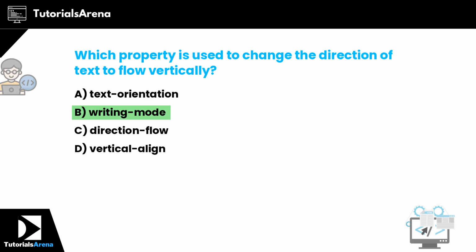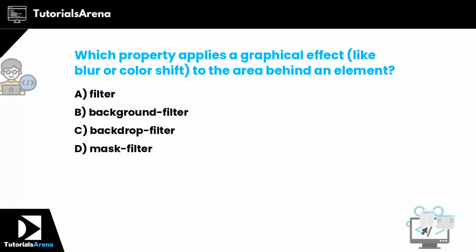The correct answer is option B, writing-mode. Which property applies a graphical effect, like blur or color shift, to the area behind an element? The correct answer is option C, backdrop-filter.